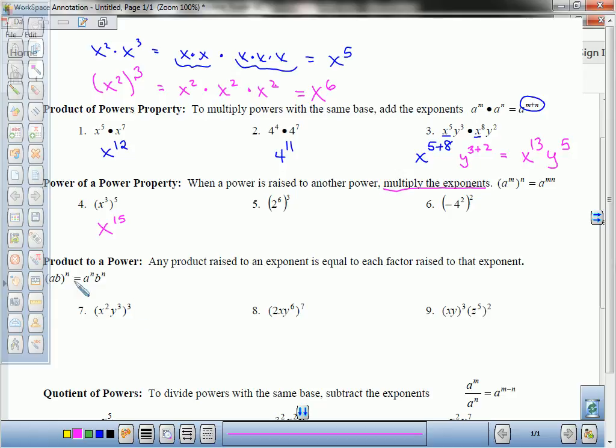And then the next one, 2 to the 6th raised to the 3rd. So we're going to multiply these exponents. So 6 times 3 is 18.